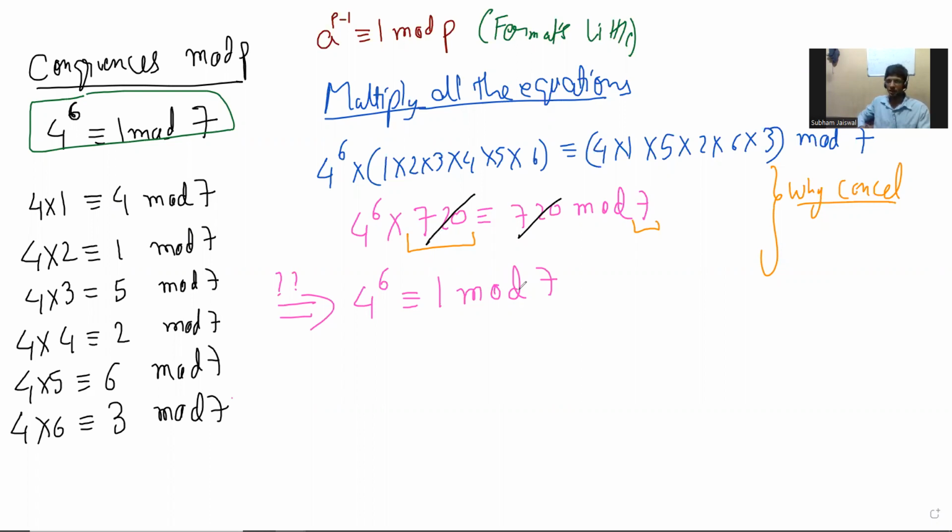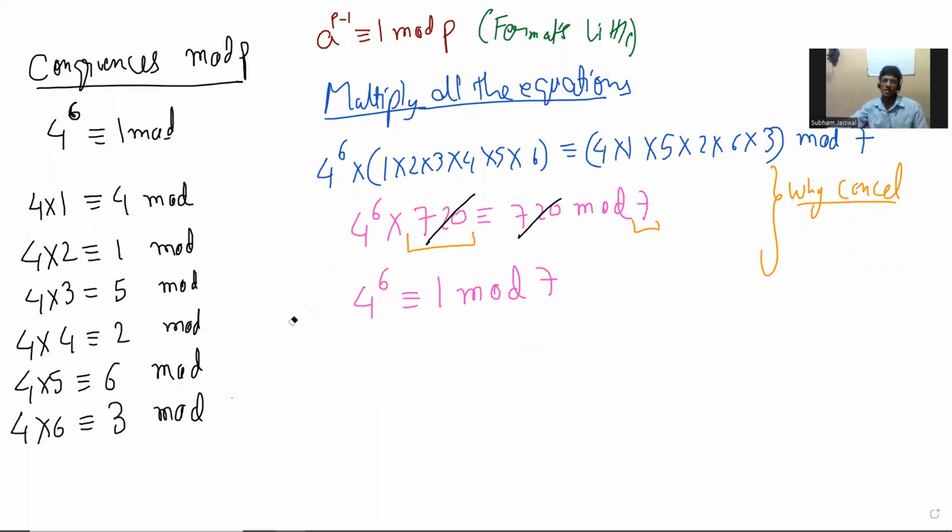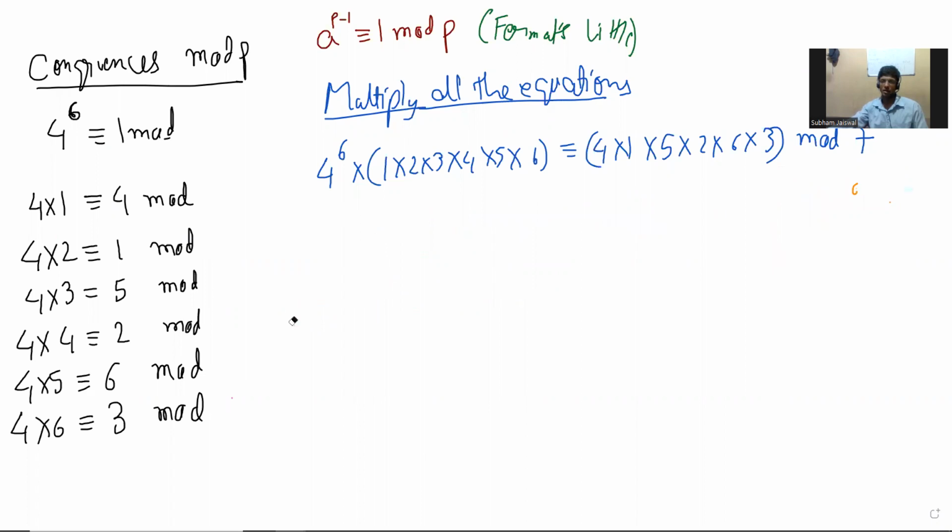Let's replace the 7 with a P. Let's keep the 4 as it is and replace the 7 with a P and see if we can make it work. Please stop me if there is anything you want to ask. Don't leave it for later.